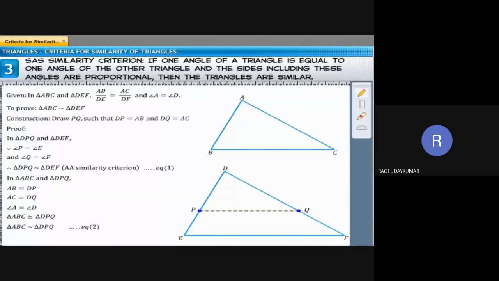Is it clear? Can you hear me? Yes, sir. ABC is similar to DPQ, DPQ is similar to DEF. So from this you can say that ABC and DEF both are similar.